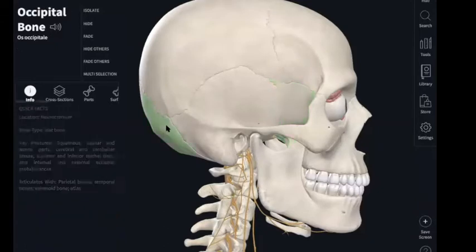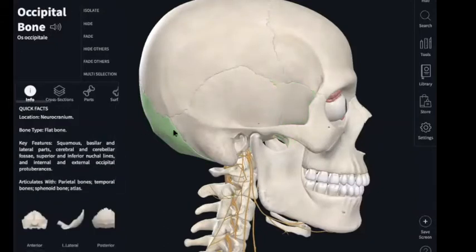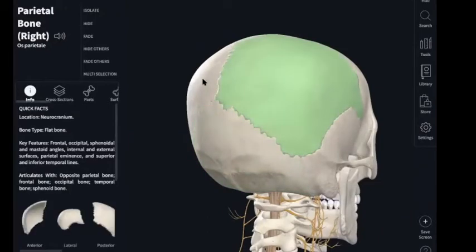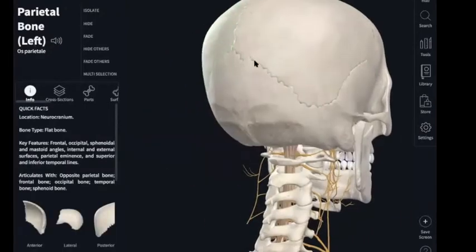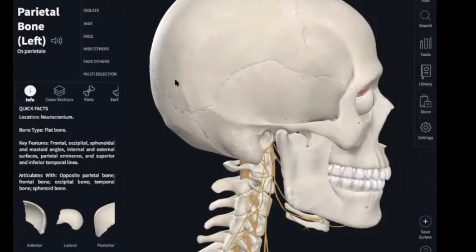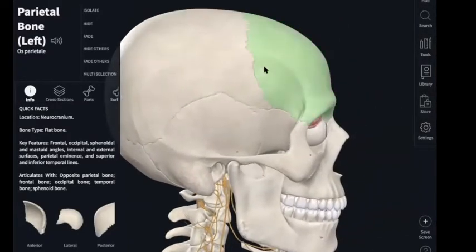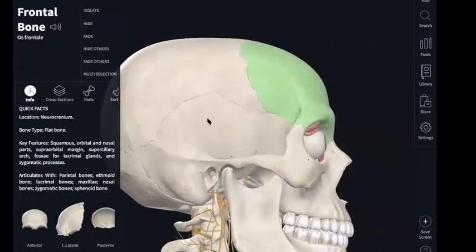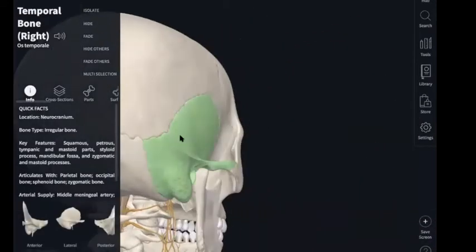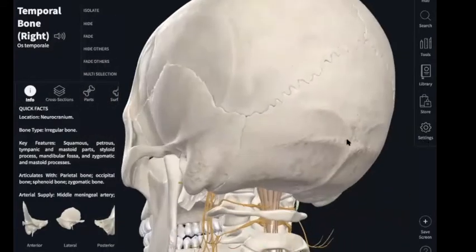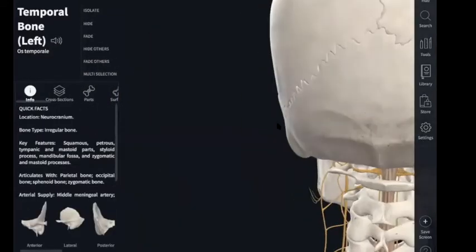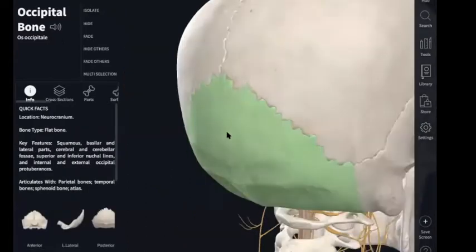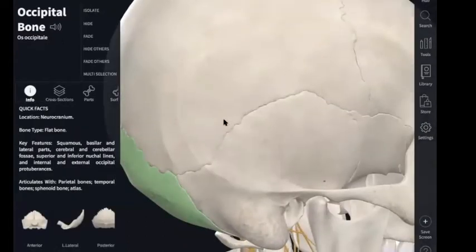So your occipital bone, the most posterior one, your paired parietal bones, your singular frontal bone, and your paired temporal bones.